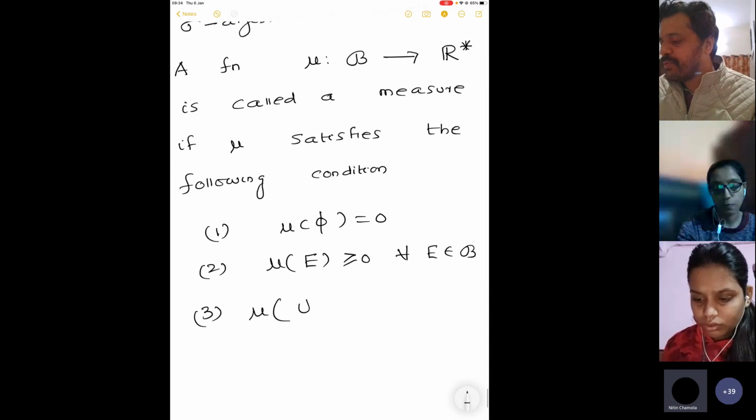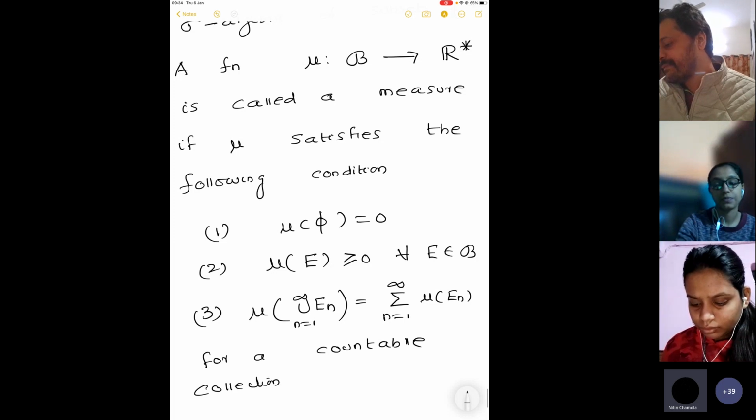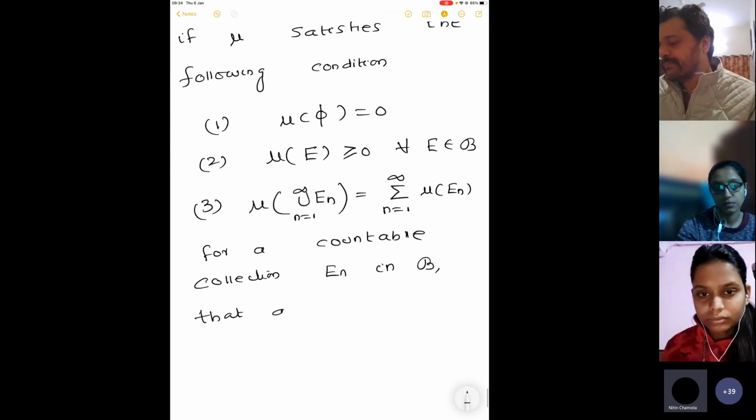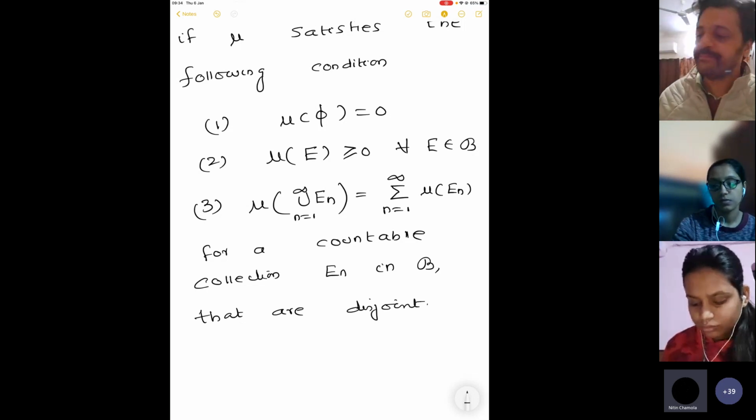Mu of union En, n equal to 1 to infinity, is equal to summation n equal to 1 to infinity mu of En, for a countable collection En in B that are disjoint. When I say disjoint, Ej intersection Ek is null set for every j not equal to k.